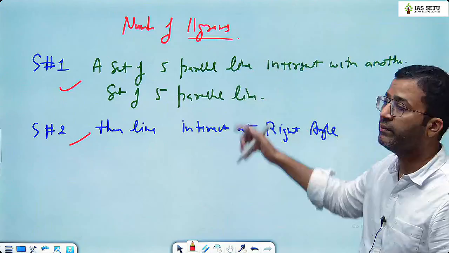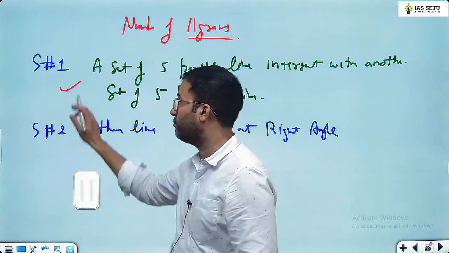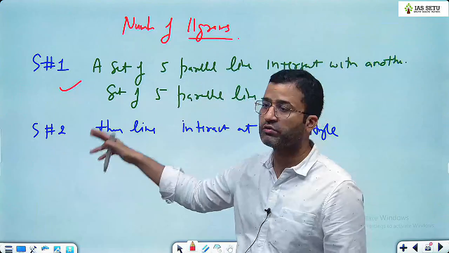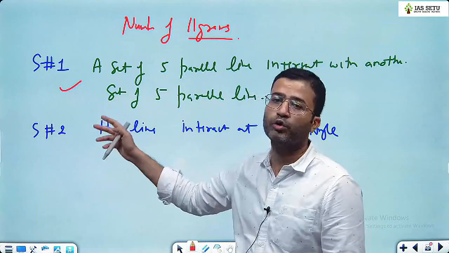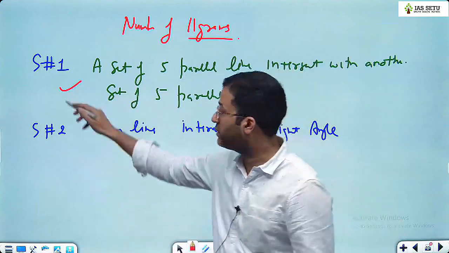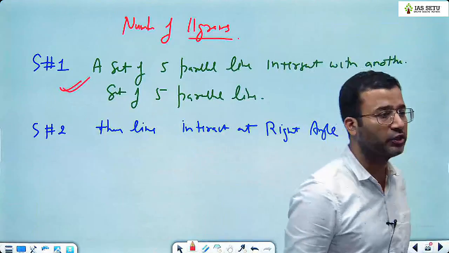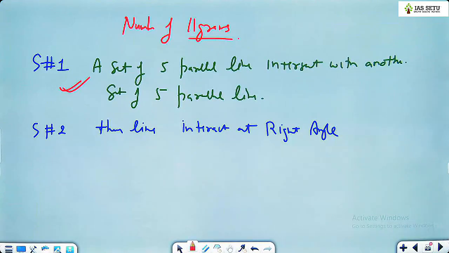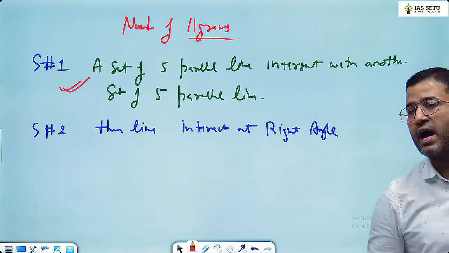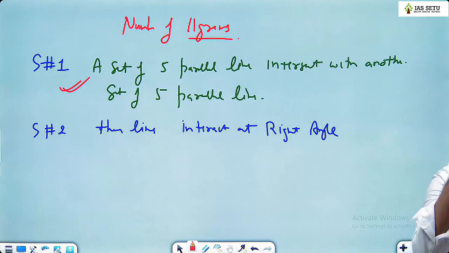Then to find the number of parallelograms, is statement 1 required, statement 2 required, both required, or both not sufficient? Here statement 1 alone is sufficient to give your answer, because for parallelogram we don't concern about the angle formed. We only need a set of parallel lines intersecting another set of parallel lines. That is the point. Okay.